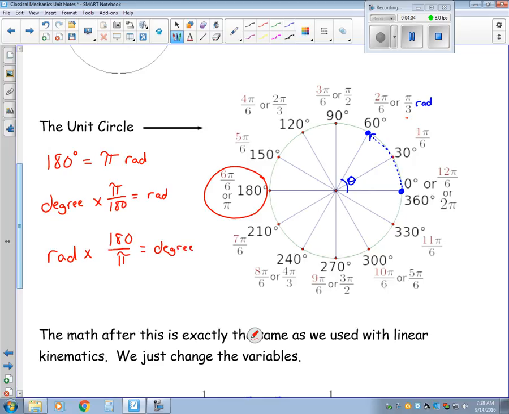So for instance, if I were to plug in pi over 2, so pi over 2 times 180 over pi, well, the pi's would cancel and I'd be left with 180 divided by 2, which is 90. So we see that pi over 2 is the same thing as 90. So these are just quick little ways of converting either your degrees into radians or your radians into degrees.